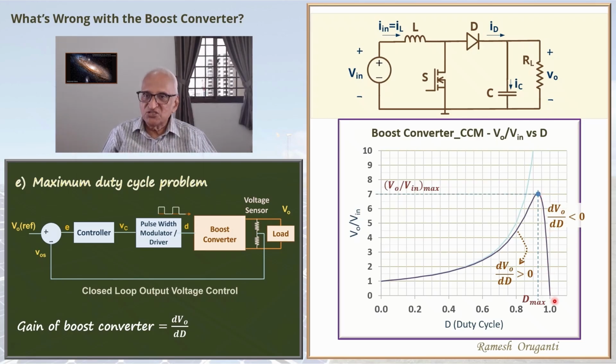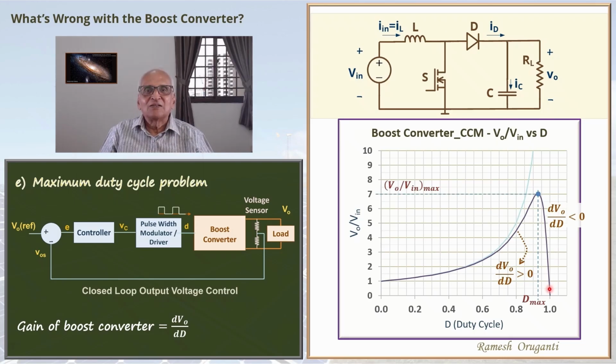Here, if the output voltage is less than the reference voltage, then the error will increase, Vc will go up, duty cycle will go up, but the increase in the duty cycle will end up lowering the output voltage even more. Instead of negative feedback action, we end up with a positive feedback action. The error keeps increasing until the duty cycle goes close to 1 and gets locked up there.